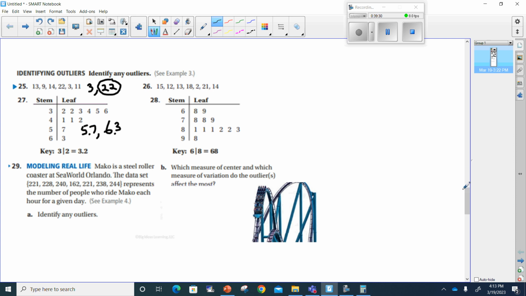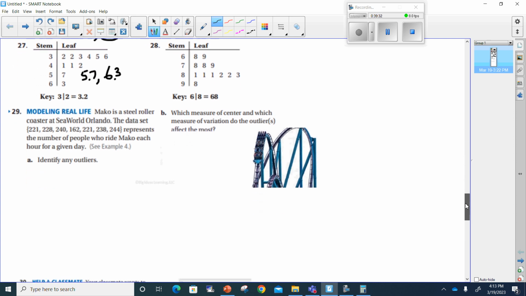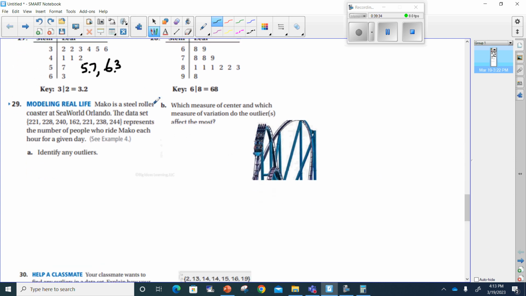All right, number 29 is next. 29 says Mako is a steel roller coaster at SeaWorld in Orlando. The data set, which is here, represents the number of people who ride Mako each hour for a given day. Identify the outliers. What would my outliers be here? Well, 220, 220, right? 240, 160, 220, 230, 244.